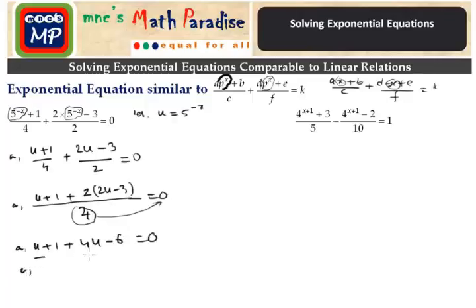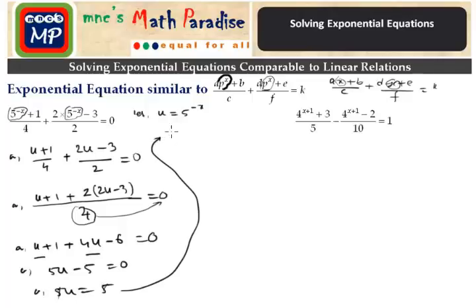Or u + 4u is 5u, 1 - 6 is minus 5, equals 0, or 5u equals 5. Therefore, 5 and 5 cancel, so we are getting u equals 1. Or u is 5 to the power minus x, so 5 to the power minus x equals 1.